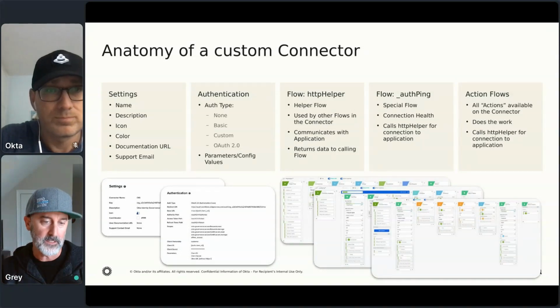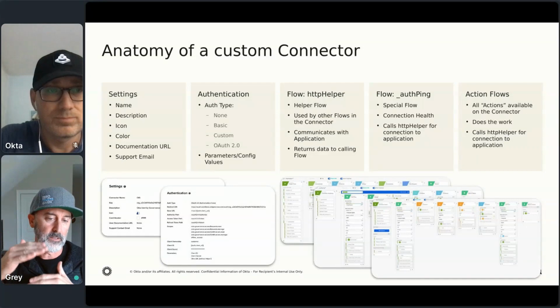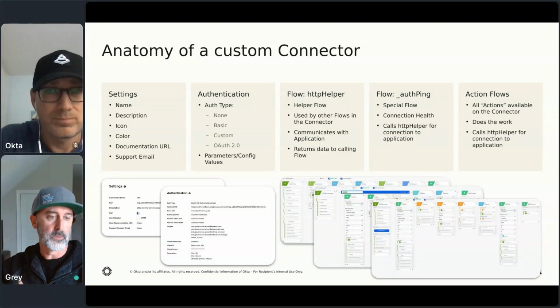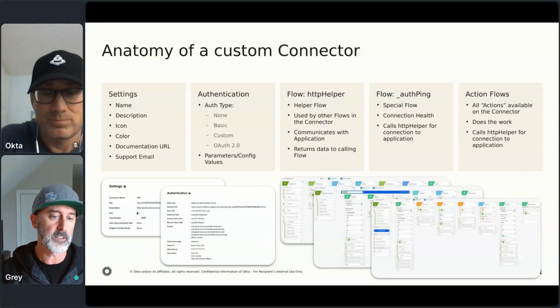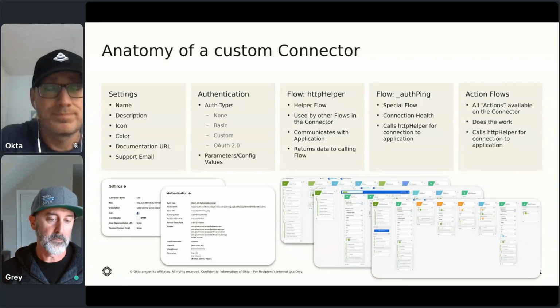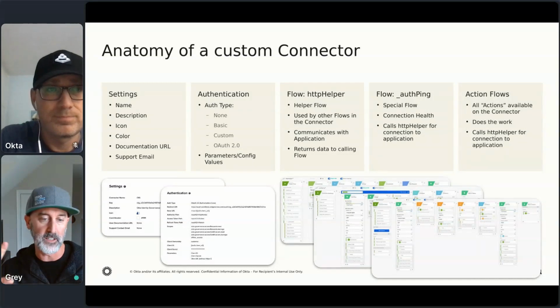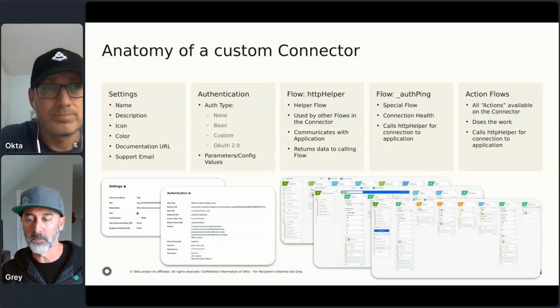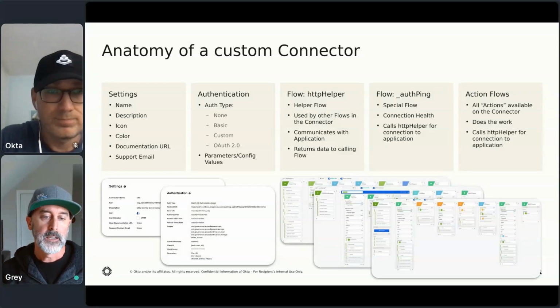The authentication is where you select how users will set up their connection to whatever resource your connector connects to. The types are none if it doesn't require any connection, basic if it uses a basic authentication header, custom, which fits any other need, typically API keys, and OAuth 2, which is like a client ID, client secret, and different scopes and grants.